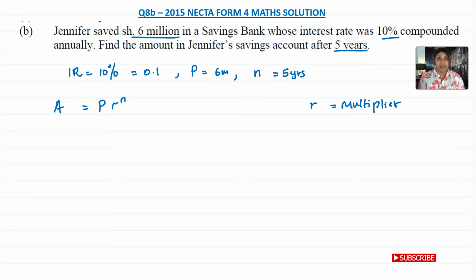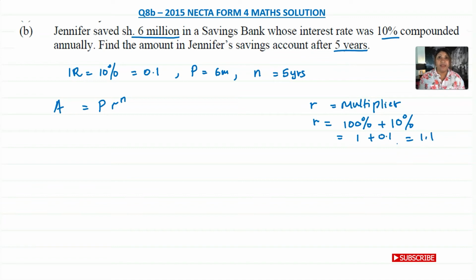So in our case, the multiplier R is going to be 100% of the original amount, plus this client Jennifer is going to get 10% extra. So I'm going to convert these to decimals. So this is 1 plus 0.1, so our multiplier is going to be 1.1.